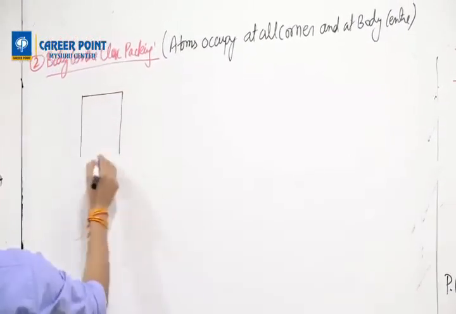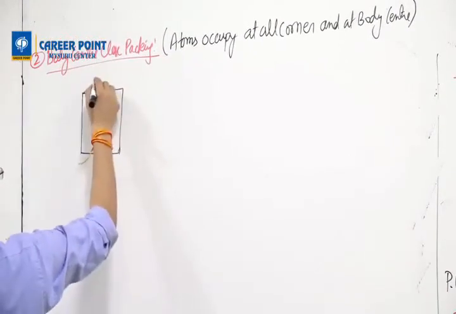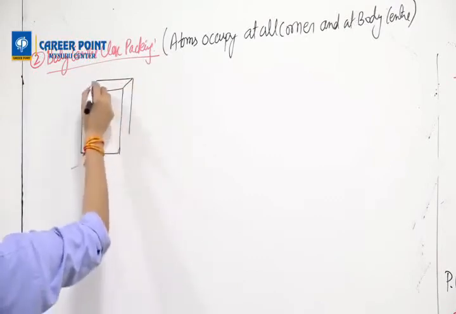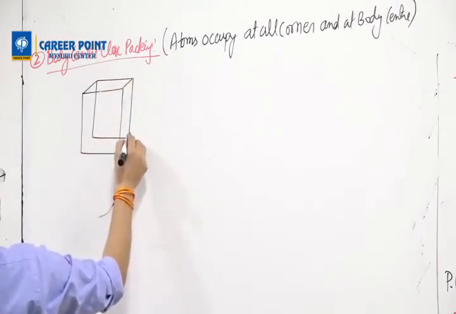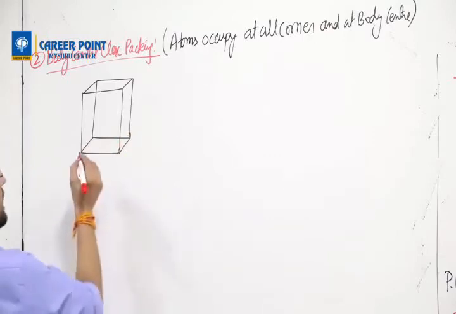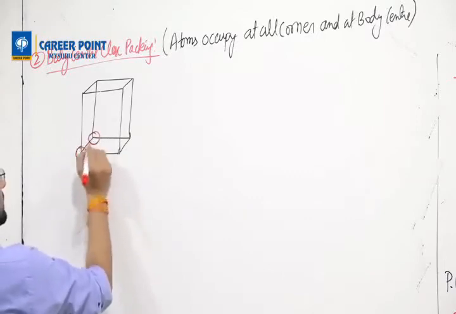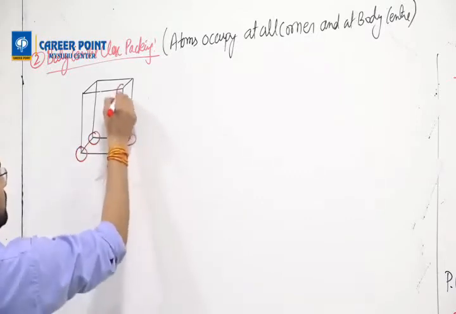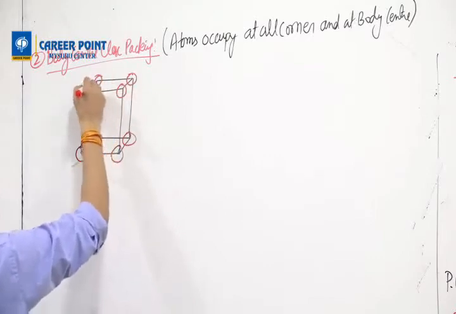It means I am going to draw a cube, and in that cube I am going to keep atoms at corners as well as at the body center. 1, 2, 3, 4, 5, 6, 7, 8.